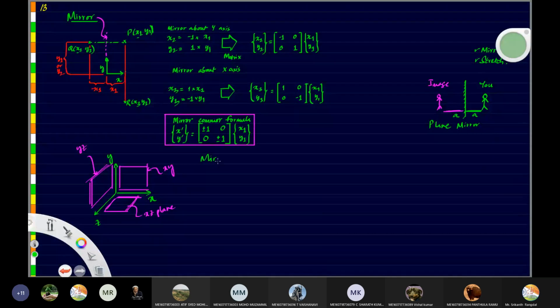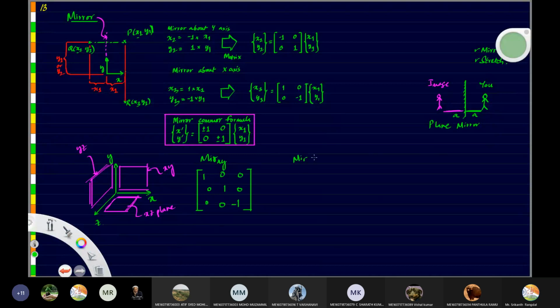So mirror about the XY plane: when you are doing mirror about the XY plane, only the Z value will change its sign, isn't it? So this has to be 1, 1, 1, remaining all are zeros. And when you are mirroring about XY, the Z value will change its sign, so Z has to be negative.